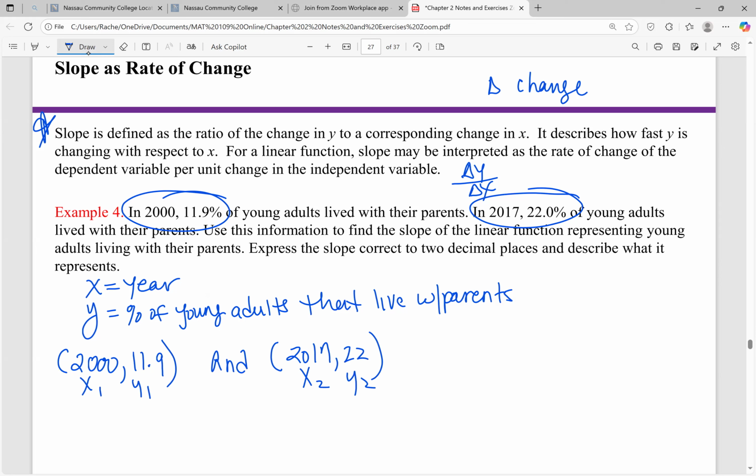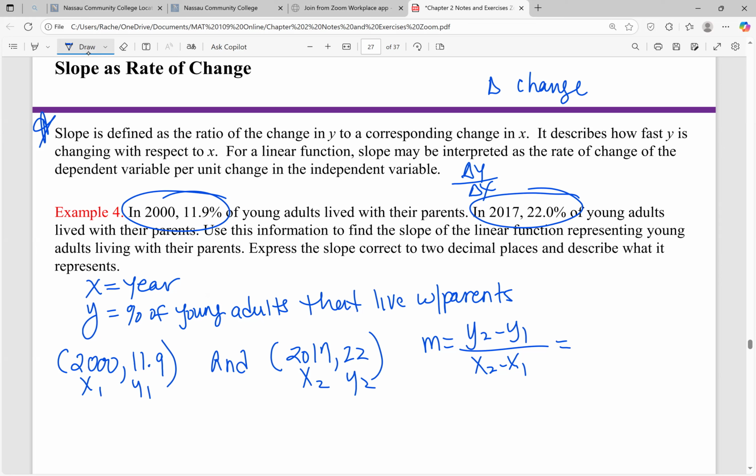So let's find the slope of the linear function that would represent this relationship. And remember how we get slope. We take the difference in the y values and we compare it to the difference in the x values. So slope is y2 minus y1 over x2 minus x1.